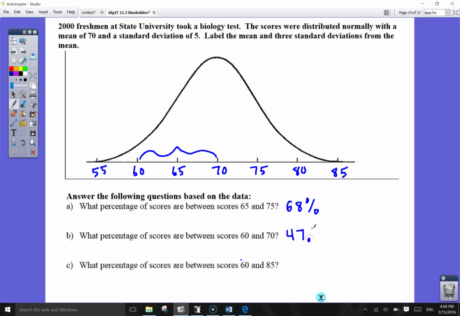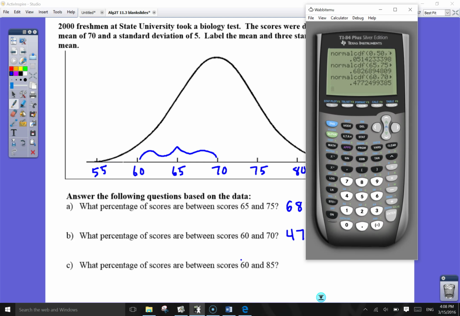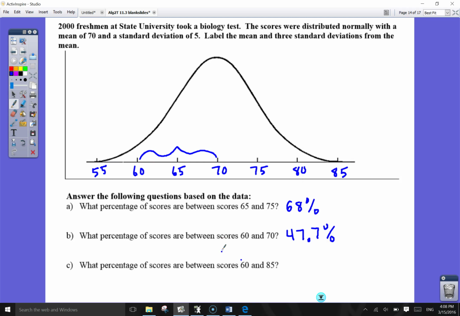But of course, you could put it in your calculator. Second, bars 2, and we'll go 60, 70, and those don't change. 47.7%. Look at that.